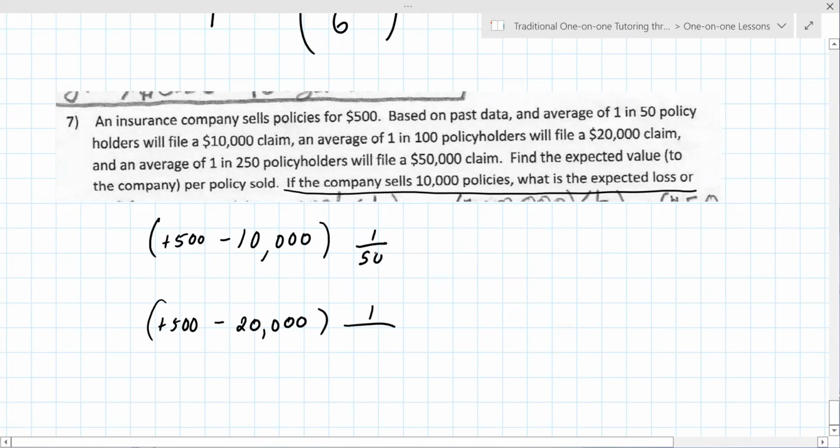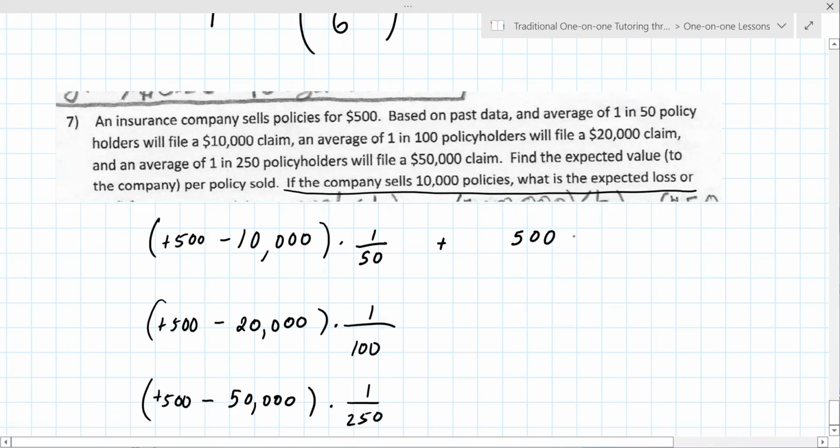Maybe that's where I went wrong. I did the wrong numbers underneath the fractions. And then they gain 500, but they lose $50,000, and this happens 1 in 250 times. So this is the case when they lose the money. But it is also the case that they gain the money.